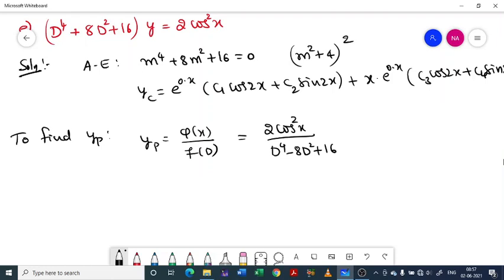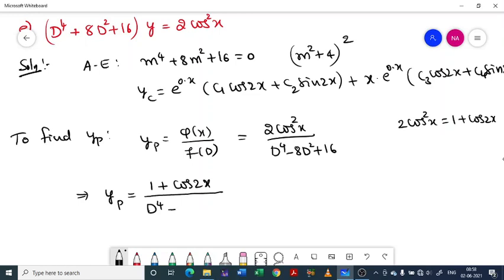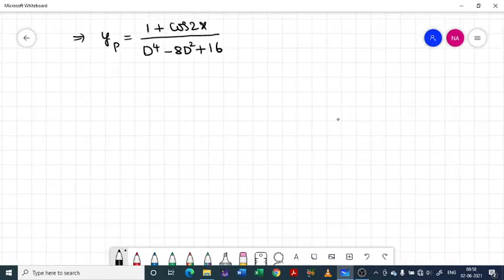You have 2 cos square x, which you can directly write as 1 plus cos 2x, because cos 2x is 2 cos square x minus 1. So YP now becomes 1 plus cos 2x divided by d power 4 plus 8d square plus 16.